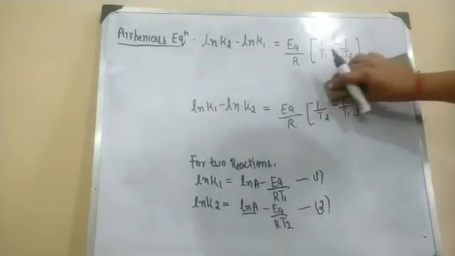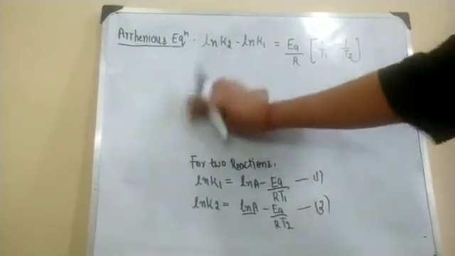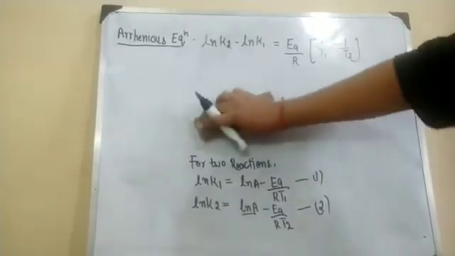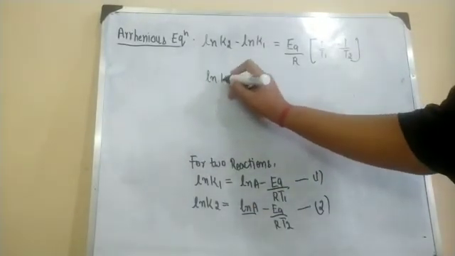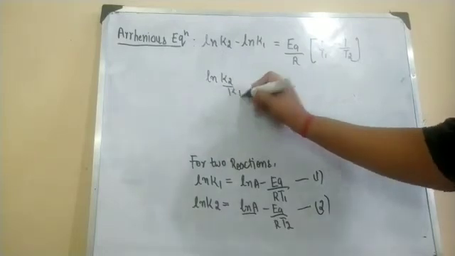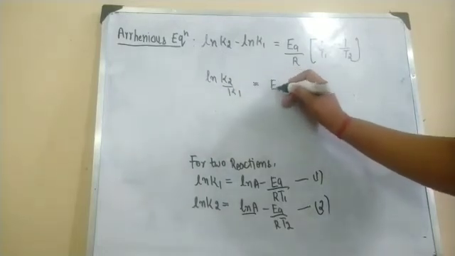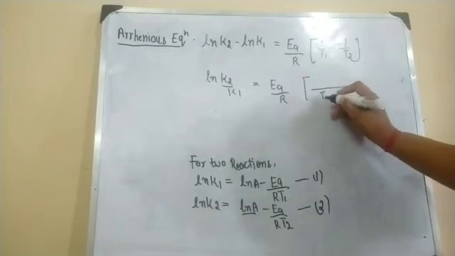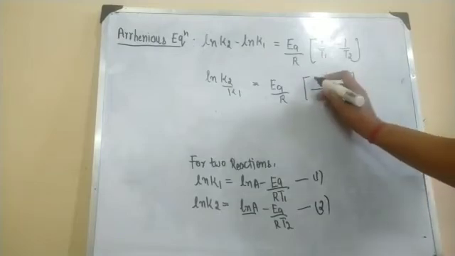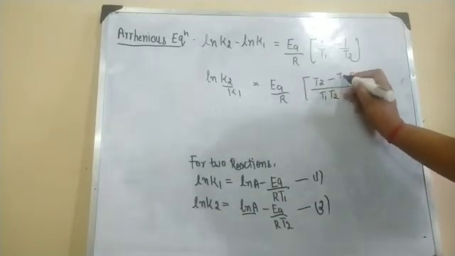So now in the bracket I can take the LCM and I can solve this. It will become ln K2 by K1 equal to EA by R. T1 T2 will be the LCM and it will become T2 minus T1.